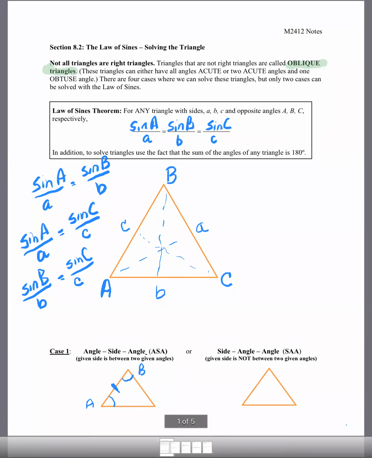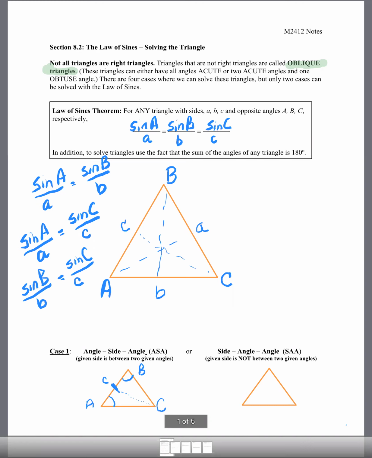The name of this side here happens to be lowercase c, because if you draw a line to the vertex that's opposite from that side, sure enough, that would be angle C there. So this must be side C. So when you're talking about an angle side angle setup for the triangle, you're talking about a side that's between 2 angles given.